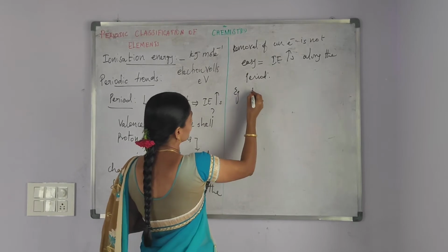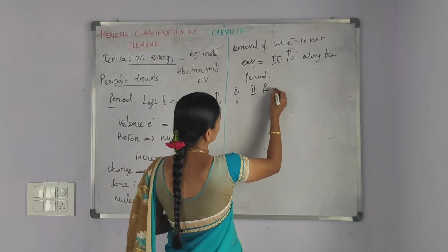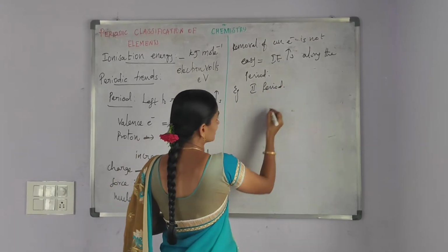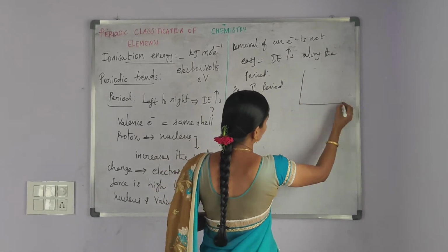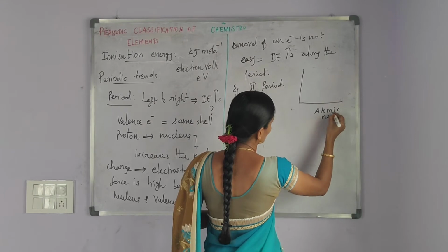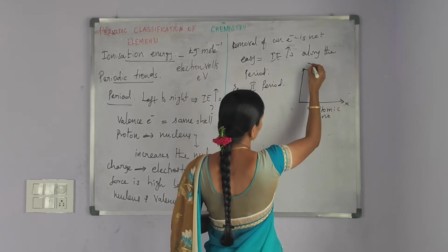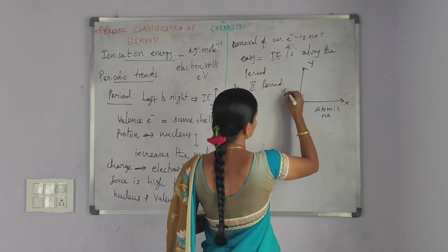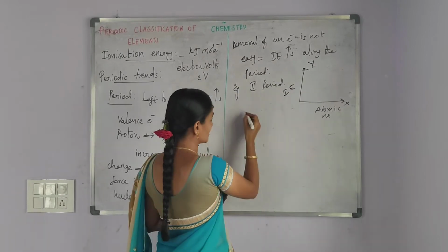Let us consider the second period. In the second period, the graph is drawn by using atomic number versus ionization energy.